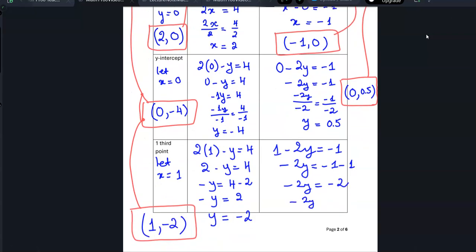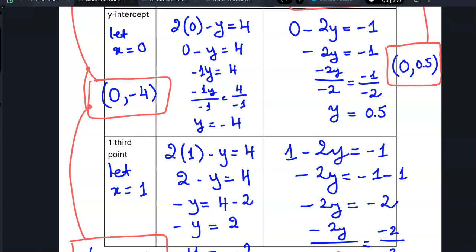So minus 2y divided by minus 2. Divide both sides by that to get rid of the negative 2 in front of the y. So y is equal to 1. So that means I will have the point 1, 1, and let me write it in blue. Okay, so I will have 1, 1, and this point is the third point belonging to that particular graph.